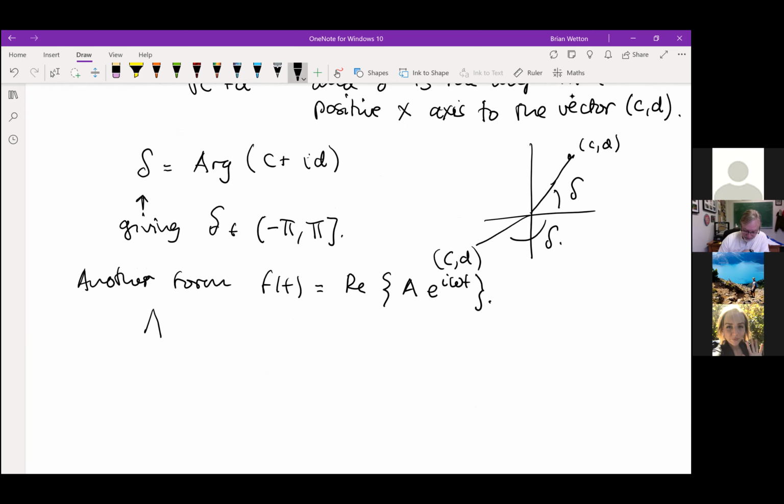And the complex amplitude is going to be C minus i D. And so the magnitude of A, the complex magnitude of A, this is the amplitude. Right, so complex amplitude is kind of a nice way to write things.